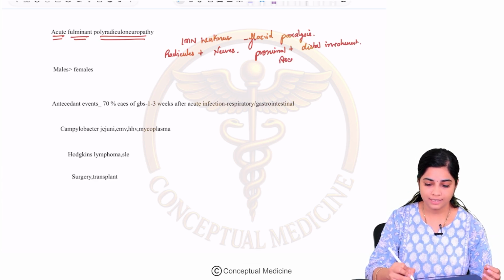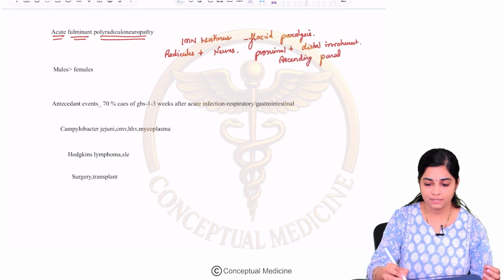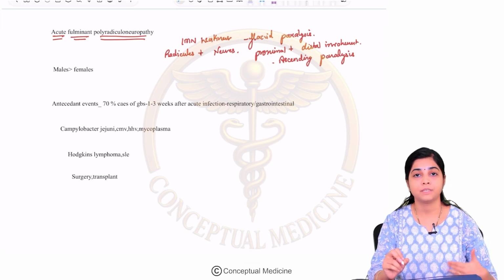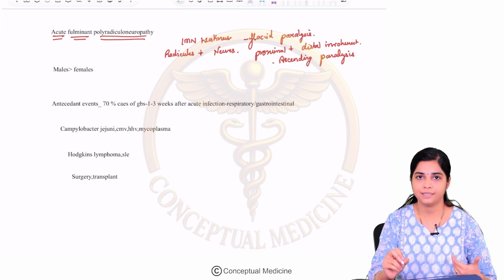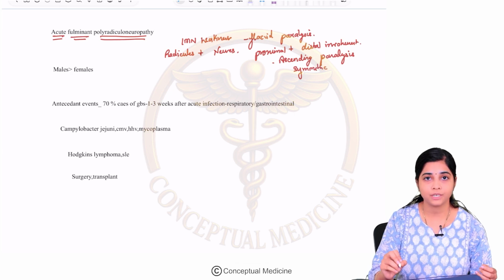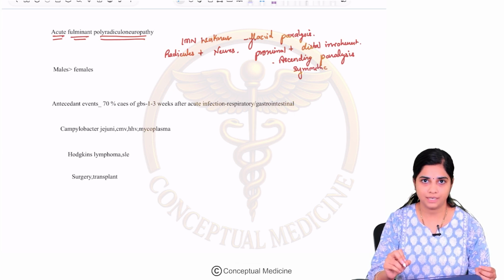This characteristic feature is called ascending paralysis. And most often it is a symmetric ascending paralysis.